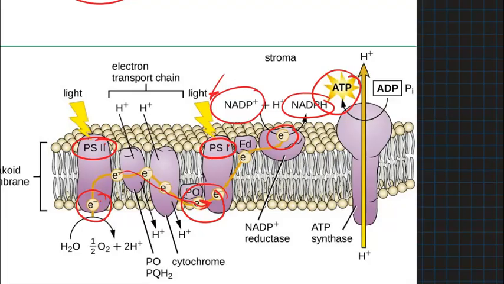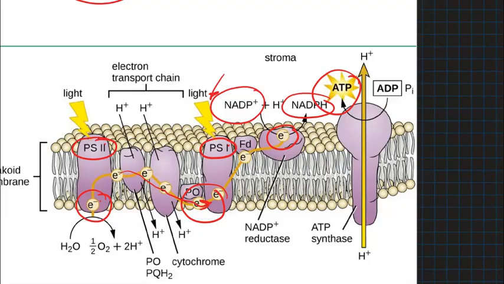Sounds good? So it's the same electron. It goes through like bouts, okay? Like it is energized. This energy is used for proton gradient, which is used for ATP synthesis. Then it's energized again, and it gets attached to NADP, forming NADPH.